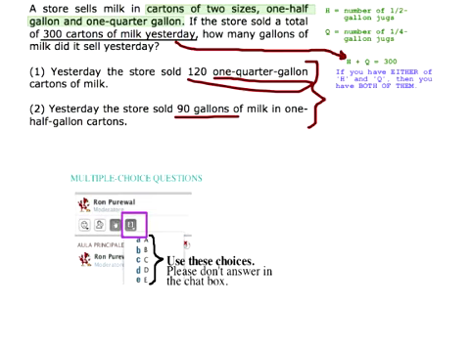And if you have both, then it is 0.5H plus 0.25Q. Although you don't even really have to do that, because if you just know what H and Q are, then you will definitely know how much milk was sold. So if you have either of H and Q, then you have the solution.